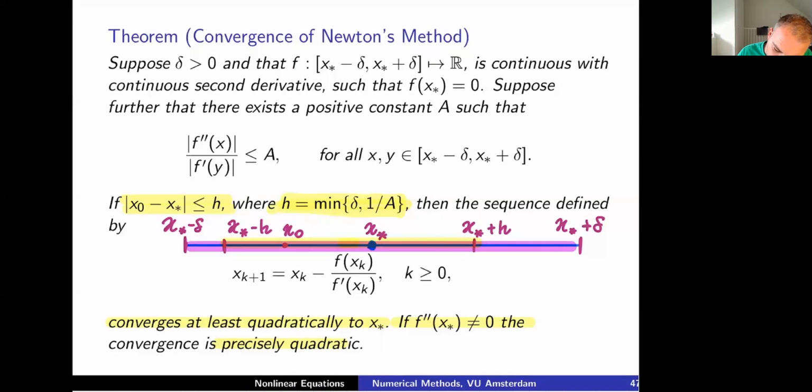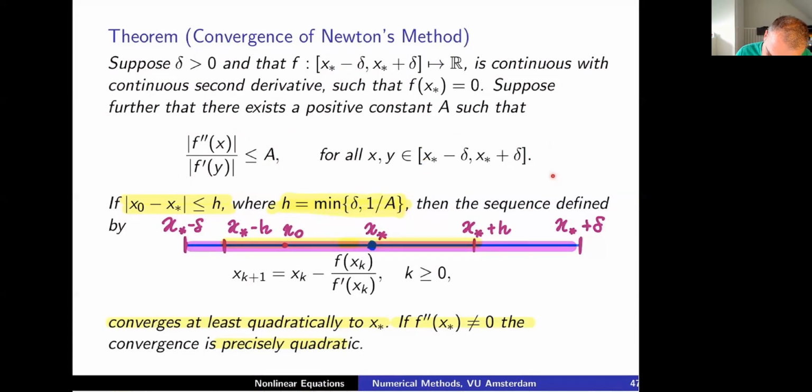And then we assume that f satisfies what we have called in class an exotic condition. The reason why I call this exotic is because at first sight, it's not clear why this condition is demanded there. So you need to be able to bound f double prime over f prime by a positive constant a, and you need to do that in the interval of definition of the function.